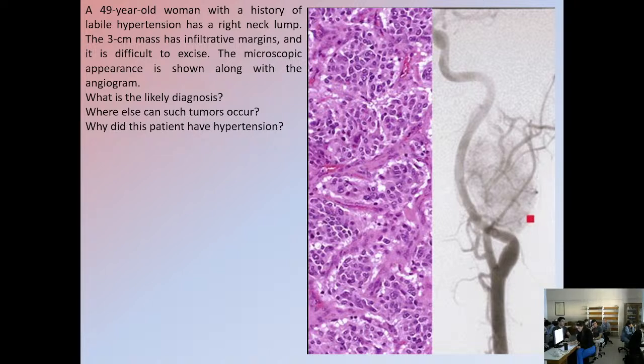Yes? High differentiation. So, if cells look like each other, it's not a sign of high grade. It's a sign of low grade. However, I do not ask for the degree of differentiation, but the type of differentiation. What can you think of that? Yes?